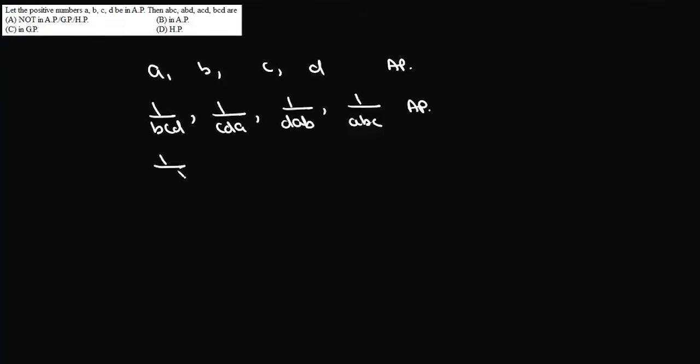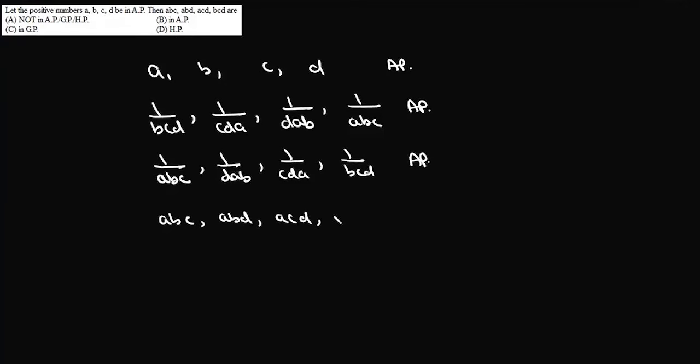So we can write 1 upon ABC, 1 upon DAB, 1 upon CDA and 1 upon BCD. It'll be an AP. And we know that reciprocal of an AP is HP. So it means ABC, ABD, ACD and BCD, they are in HP, and that's your option D.